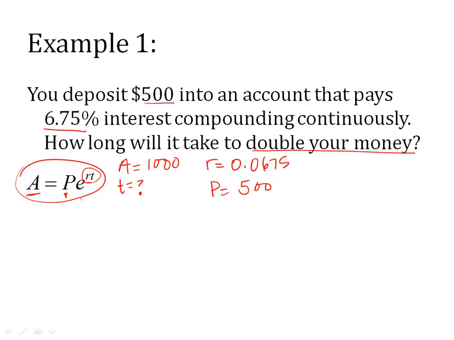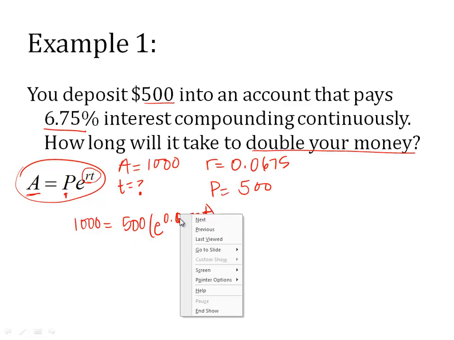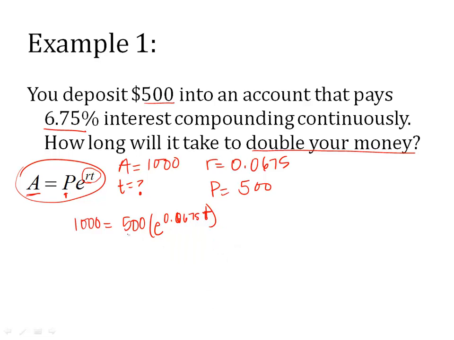All right, so these are my values. I need to just write them into my equation, and then we're going to solve it. So 1,000 equals 500 times e raised to the 0.0675 times t. All right, so now we have a good old exponential equation we need to solve. And just like before, we need to isolate that exponent. So I need to get rid of the 500.